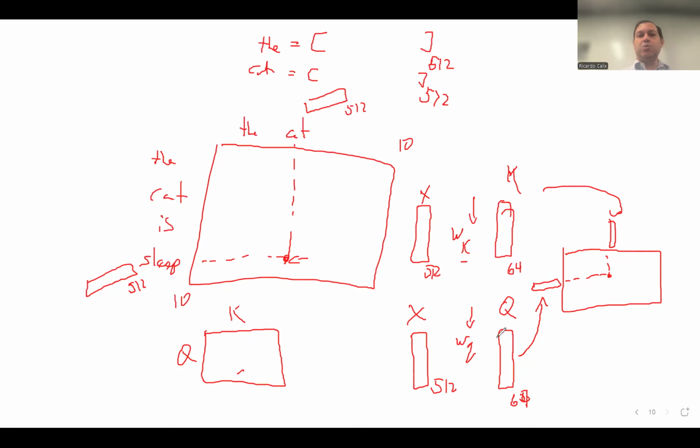Because these weights were meaningful, which meant that it took the original X, made a matrix multiplication, created K and Q, and then this vector K and this vector Q did a dot product to produce a value, and that value was useful for the next step in the prediction. Do you guys see that? That's essentially what's going on.